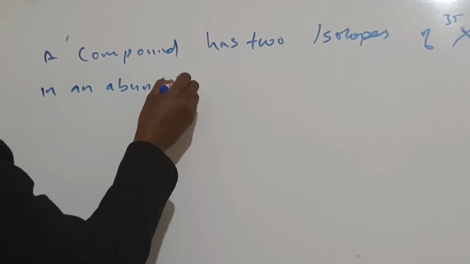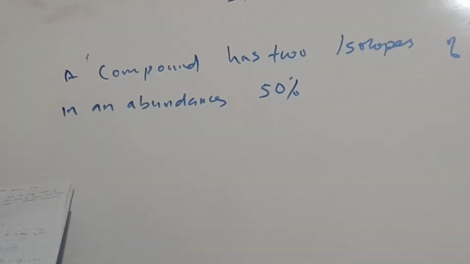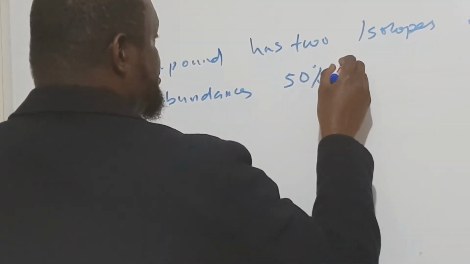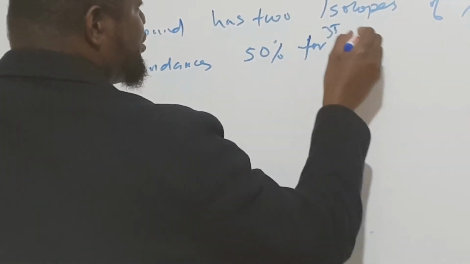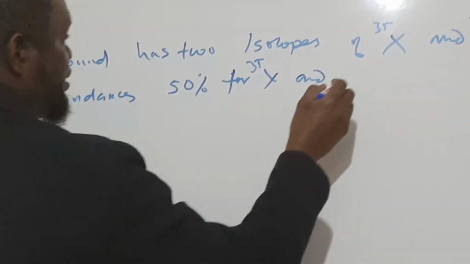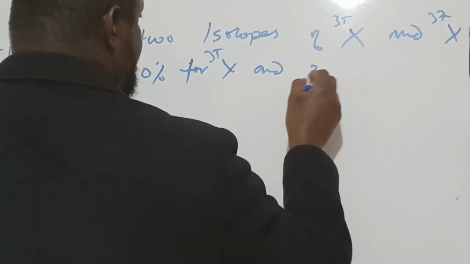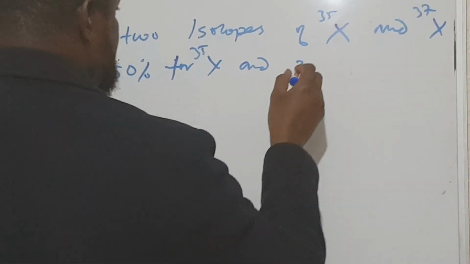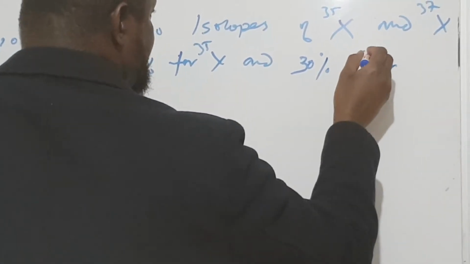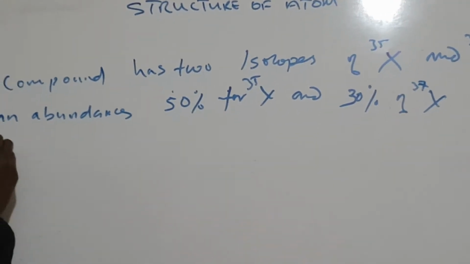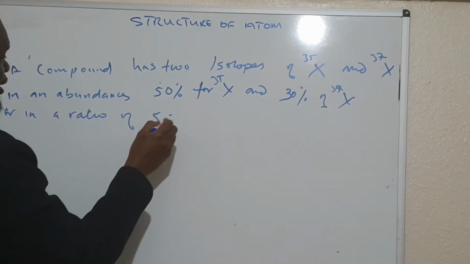50% of X35 and 30% of X37, or in a ratio of 5:3.